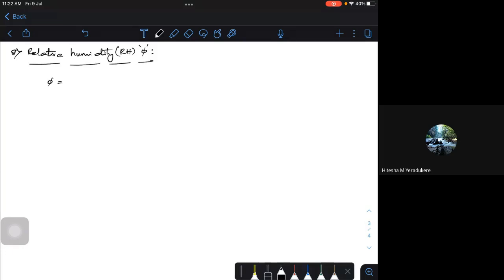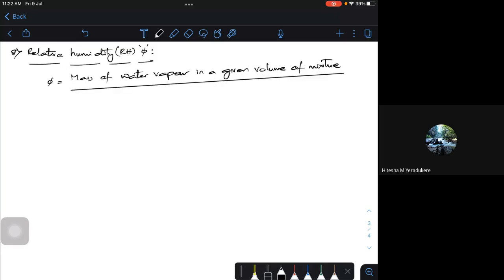If I try to take the ratio of mass of water vapor in a given volume of mixture, that is air mixture or whatever it may be, to, in the denominator, the mass of water vapor in the same volume under saturated condition, at the same temperature if it is saturated.